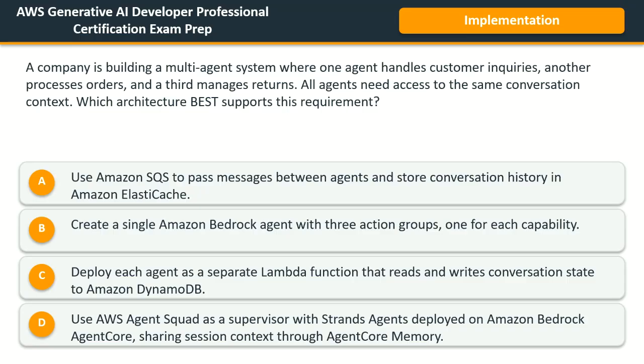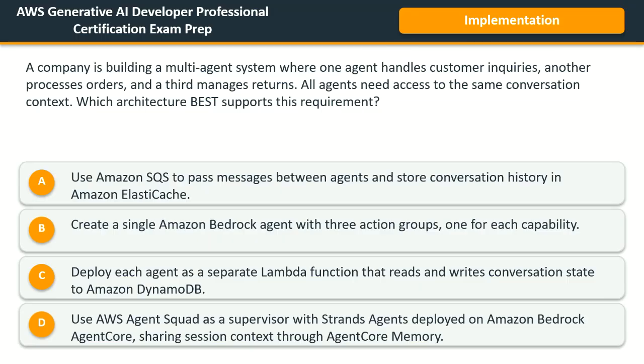When you combine that with Agent Squad, a supervisor pattern, you get specialized agents, shared session memory, managed orchestration, all without building your own state management system. That's why D is the correct answer.